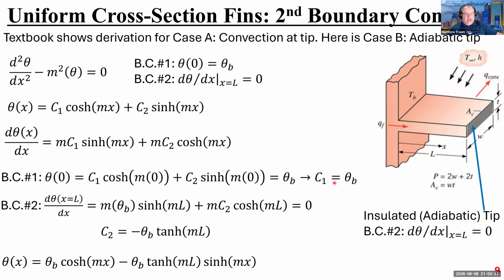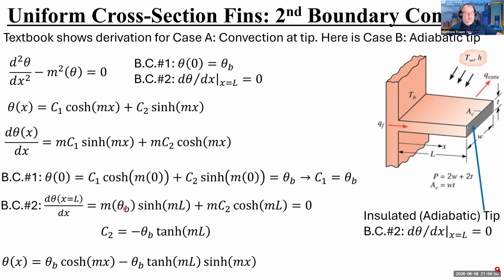So now I can take this and I can plug it back into the equation. And now I'm going to take the derivative version of this equation and I'm going to apply boundary condition two for the adiabatic tip. So here I'm doing that, right? So here's the first derivative. So I'm plugging in my C1 and I'm plugging in the fact that I am now at L, the full length of the fin. So that's where this ML comes from.